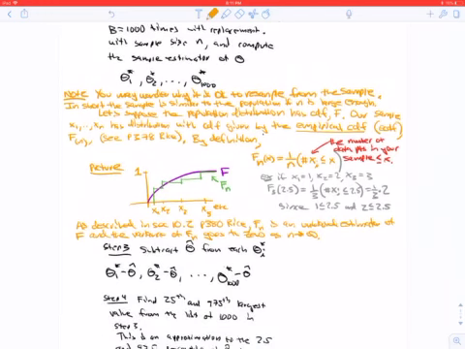But by definition, the empirical CDF, which we write as F sub n, for a given x, is 1 over n times the number of data points that are less than x.